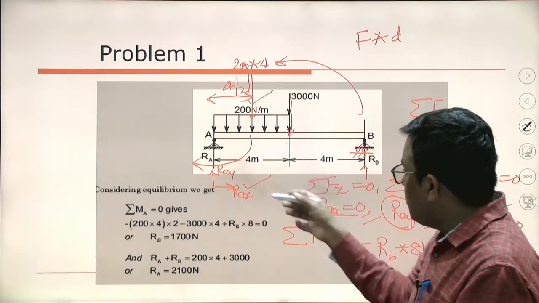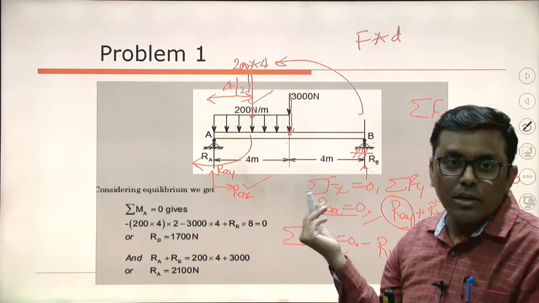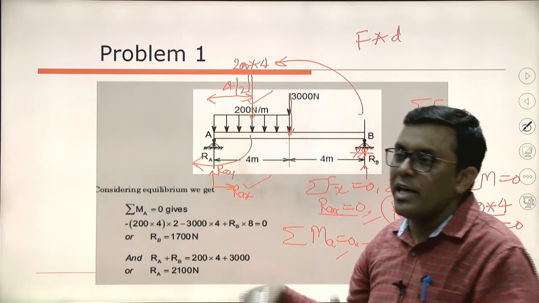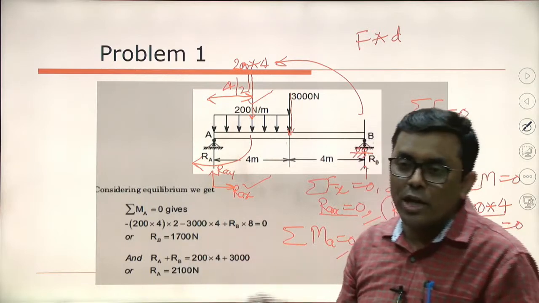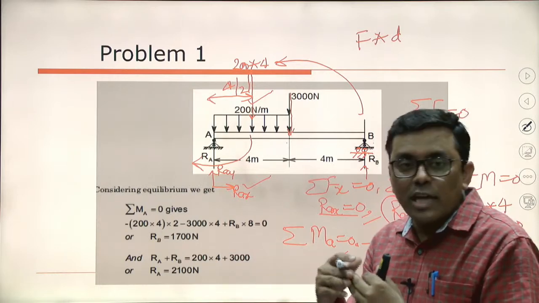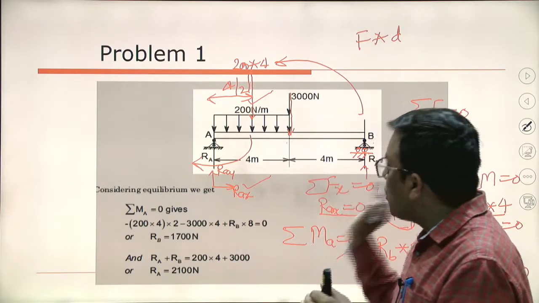So support reaction means ऐसा नहीं है कि it is nothing. Okay, or once if your support reaction is wrong, the entire bending moment shear force diagram will be wrong, entire calculations will be wrong. If you are doing the truss, then the truss calculations will be wrong. So it is important part.